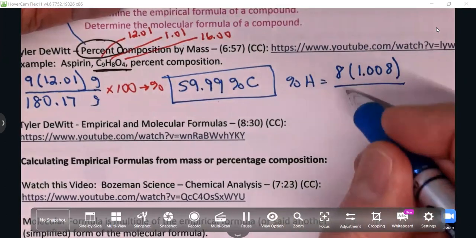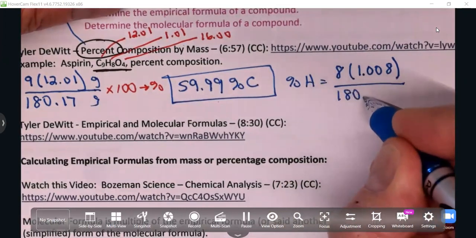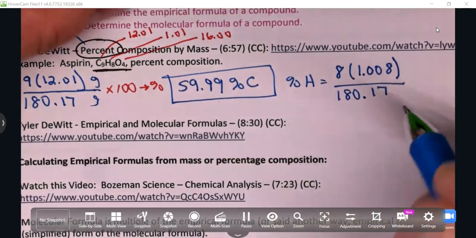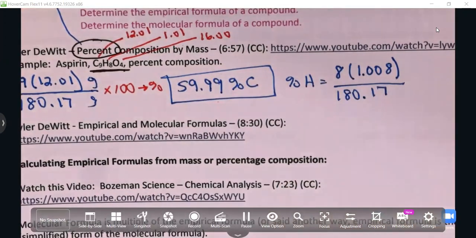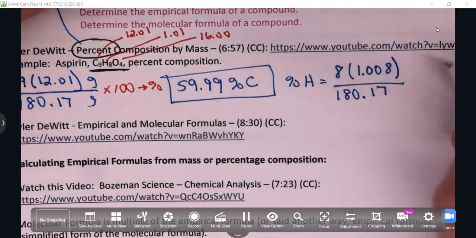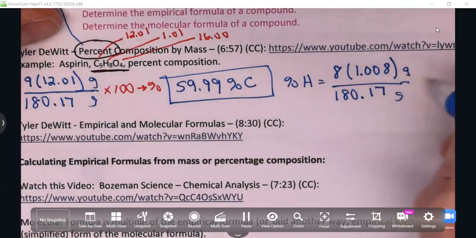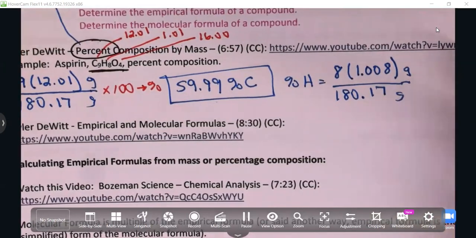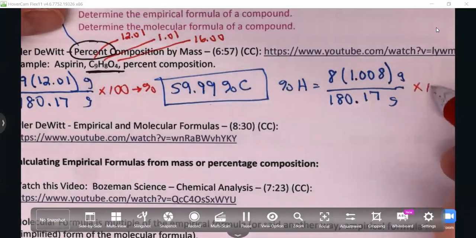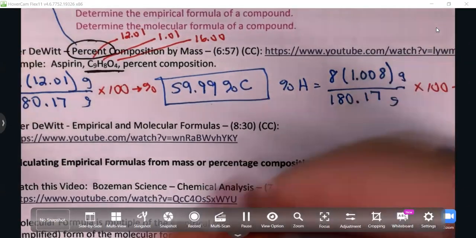And over the entire molar mass again, 180.17. Yeah, that would keep us to 4 sig figs everywhere. And grams and grams. So multiply that by 100, add the percent. What do we get for this?